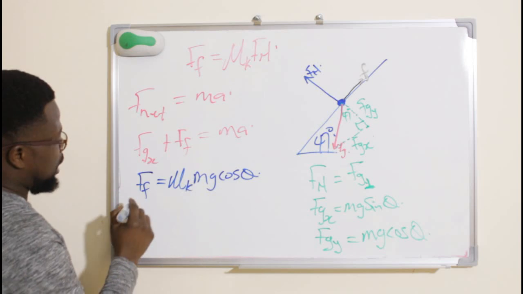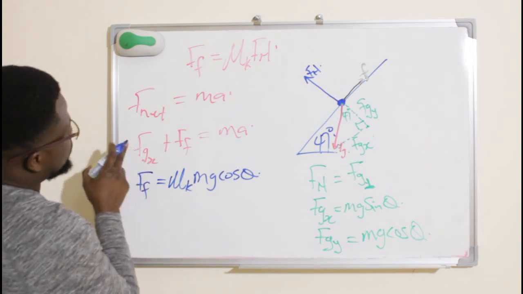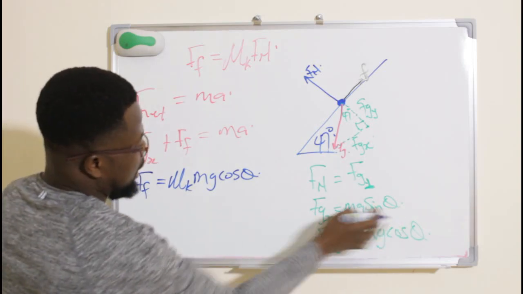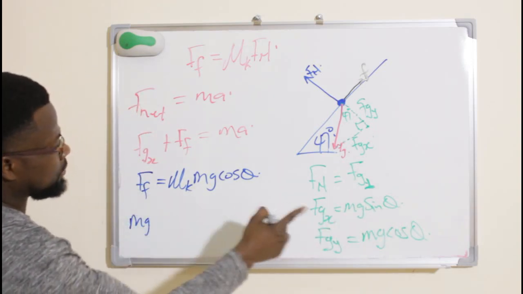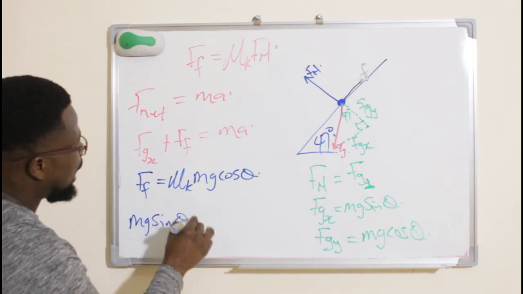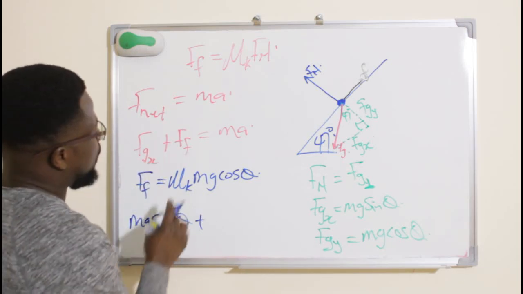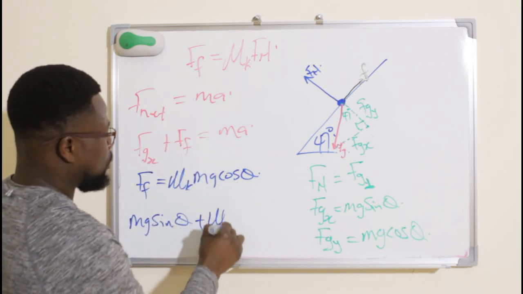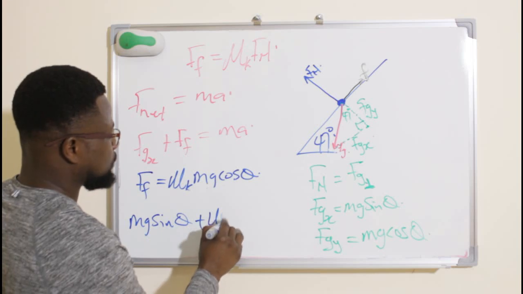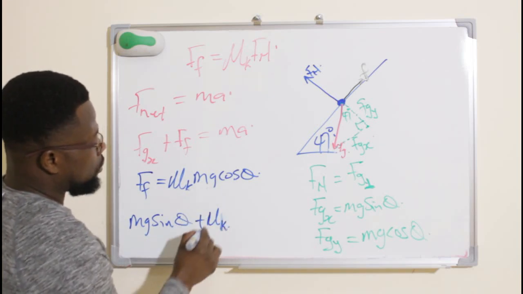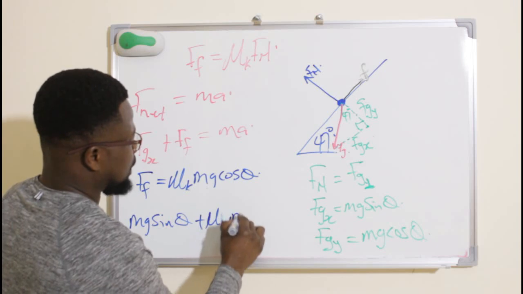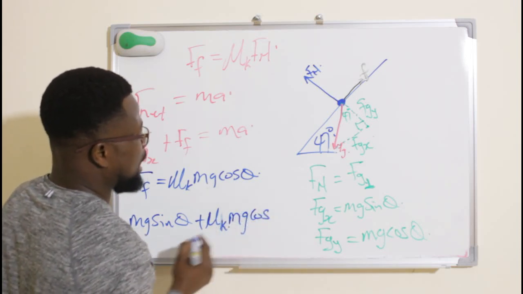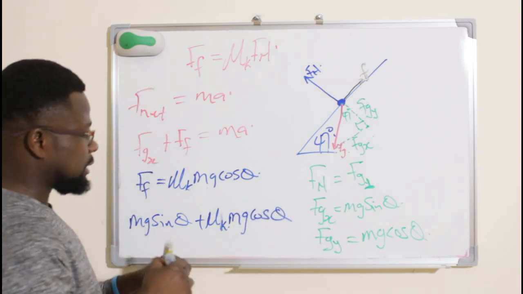From here, the parallel component is here, and that is mg sine theta plus friction, and friction is also here, the coefficient of kinetic friction times the mass times the strength of gravity multiplied by cos of the angle theta.